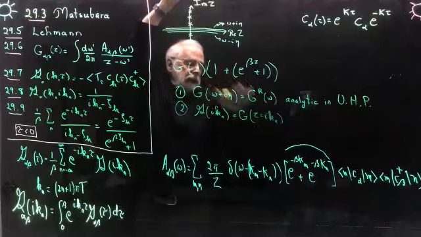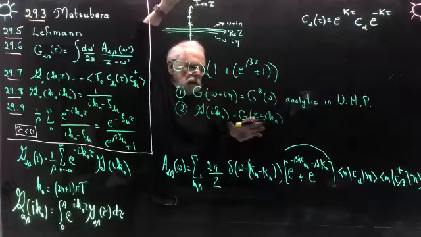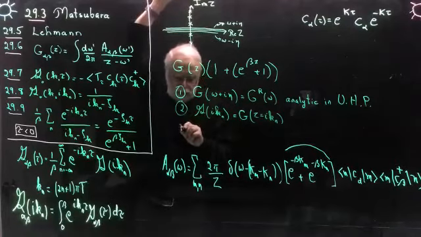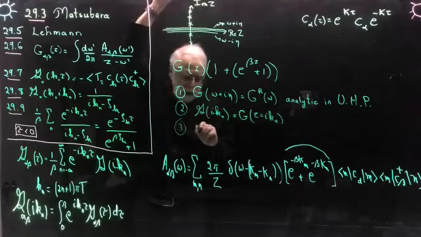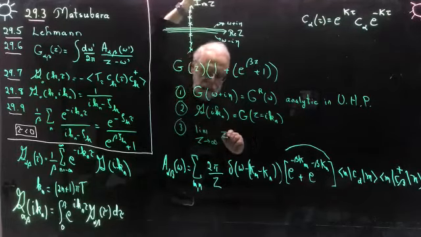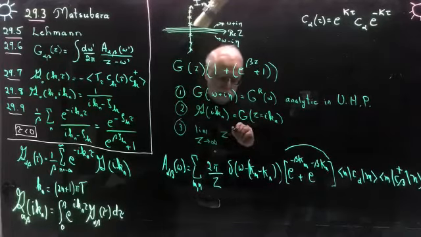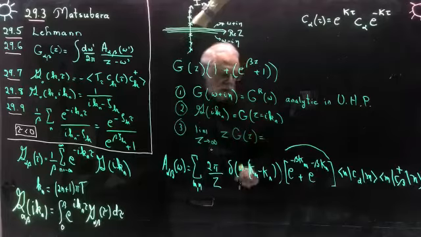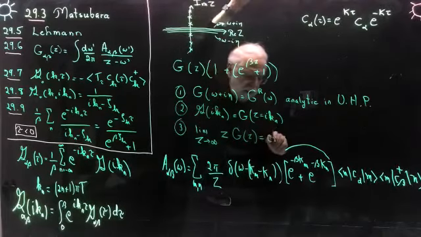But this function satisfies this. Now, the last condition is that the limit when z goes to infinity of z times G of z is equal to a constant.